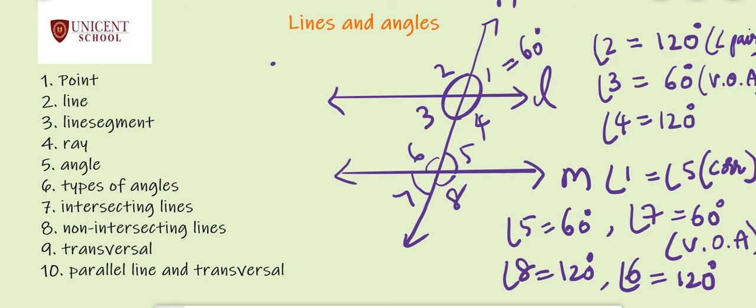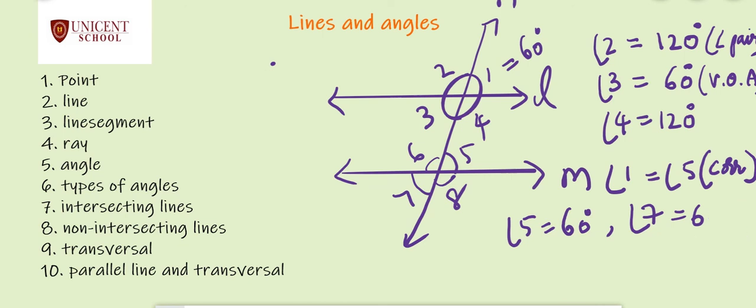So this is how the parallel lines property helps us to find the remaining angles if one angle is given. And the vice versa is also applicable.